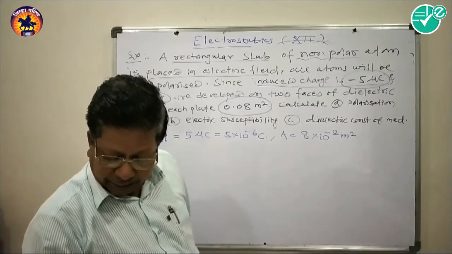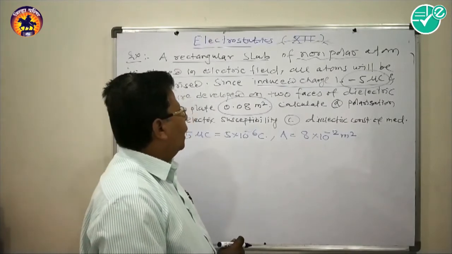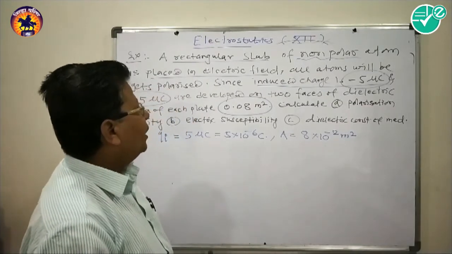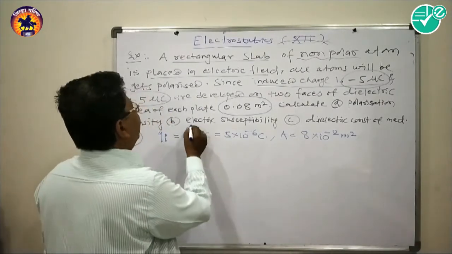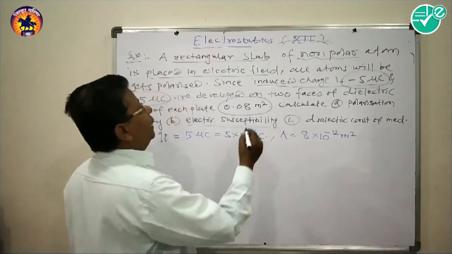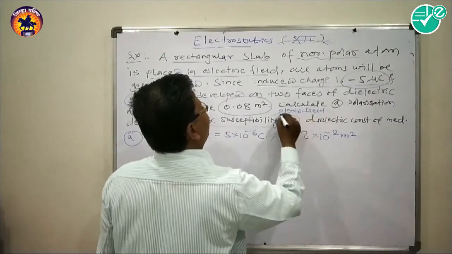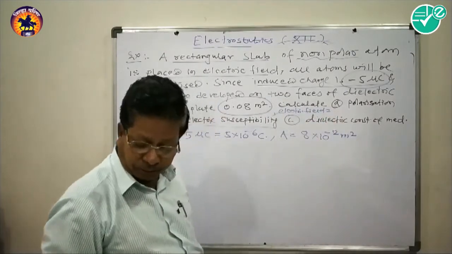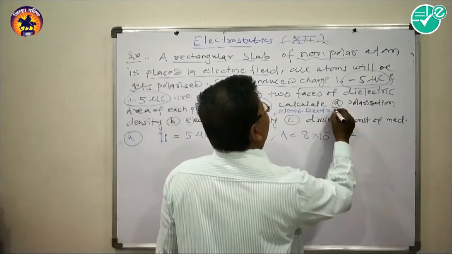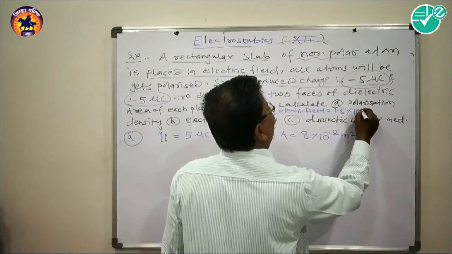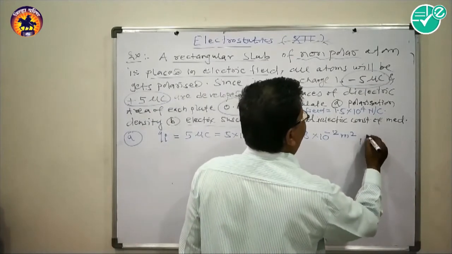And electric field is also provided. So to find electric susceptibility, electric field is provided, and the value of this electric field is 1.5 into 10 to the power 4 Newton per Coulomb.